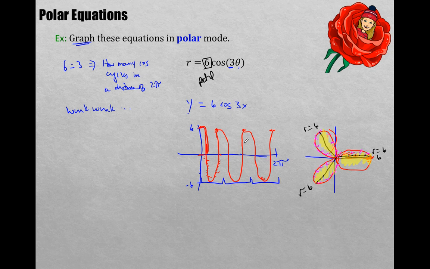How many leaves did I have? Petal length. How many petals?